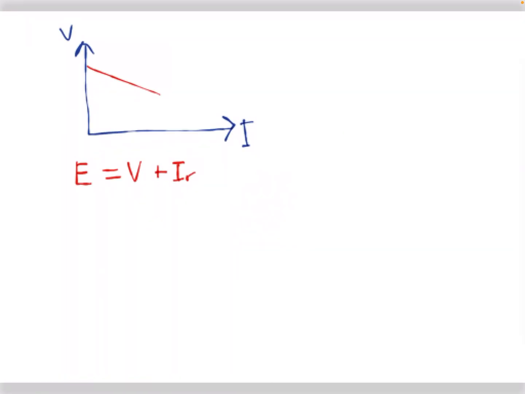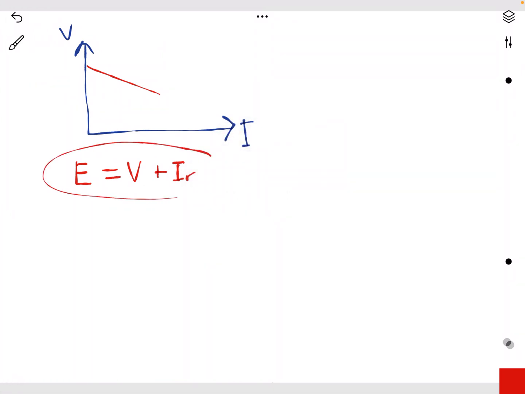Now let us look at this graph again. This is what I have mentioned earlier. So we are going to manipulate this equation. Now V equals E minus Ir.